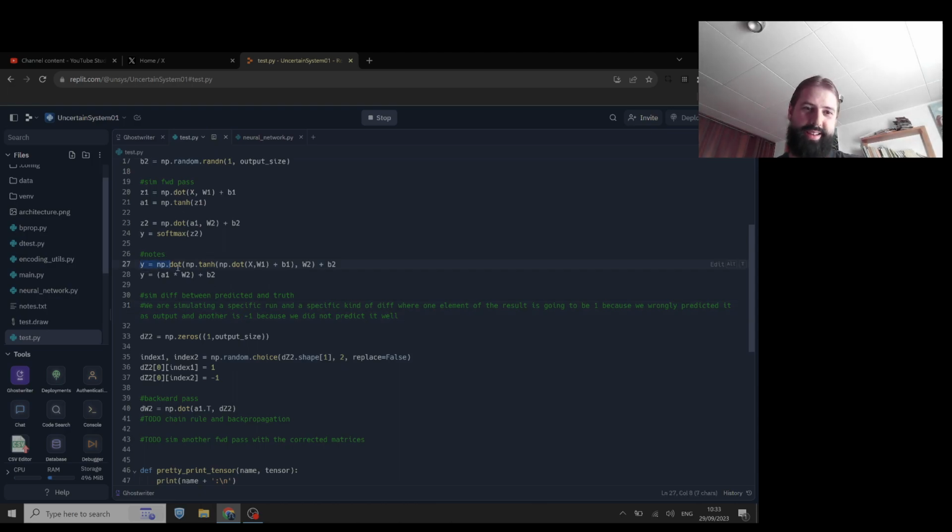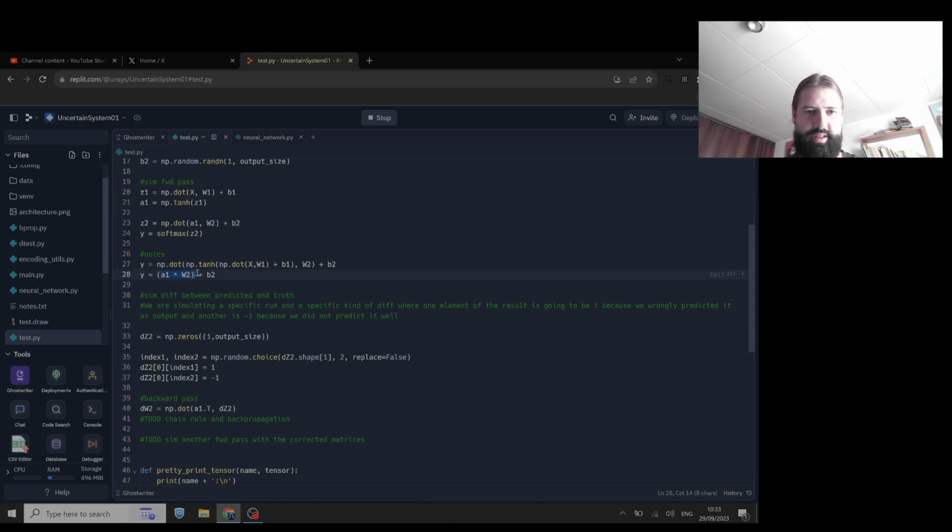We have y, right? So that's the composition of all the stuff in here. Again, these are just notes, so I'm not trying to build any specific code in here.